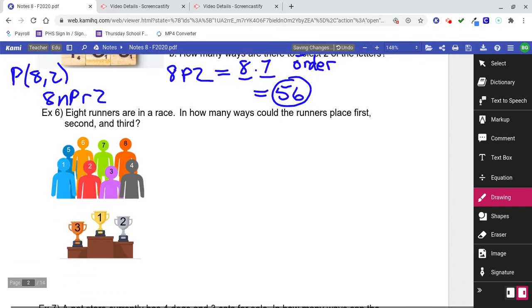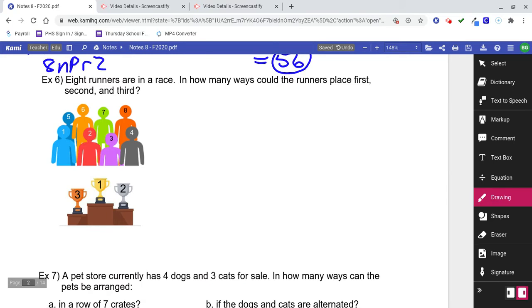Number 6, this is a very common question. 8 runners are in a race. In how many ways could the runners place first, second, and third? So we're taking a group out of a group. How many out of how many? 3 out of 8. Does order matter? Would you rather get first place than second place? Well, sure, order matters. Order makes a difference.